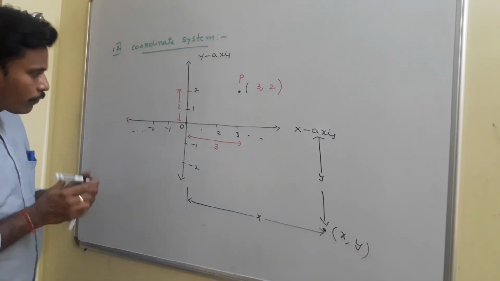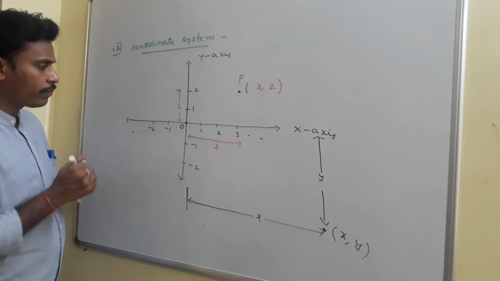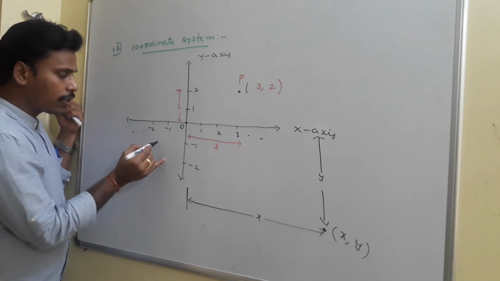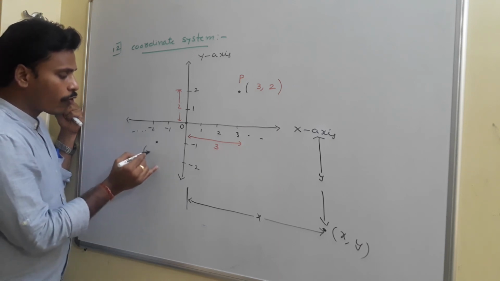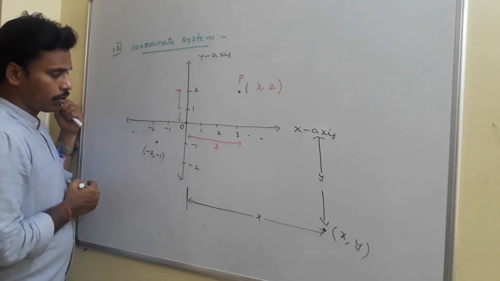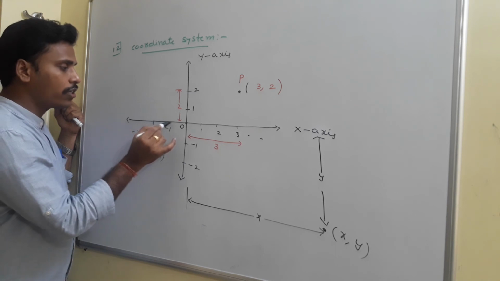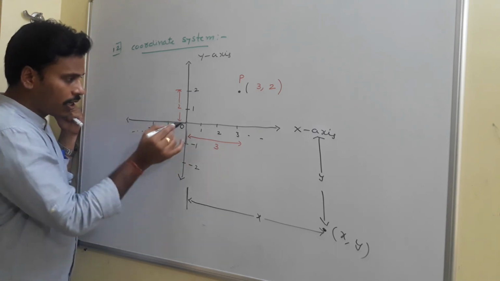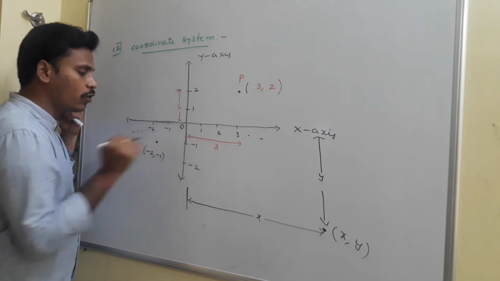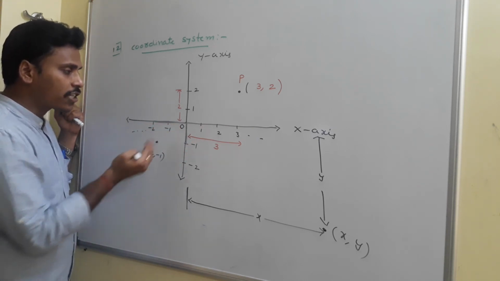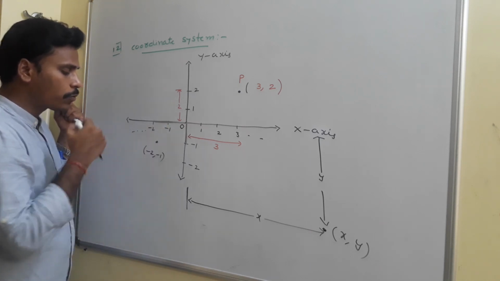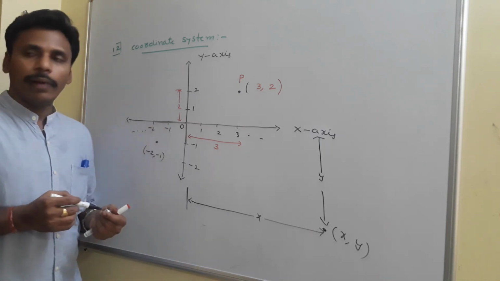And if I have another point here with an address of -2 comma -1, its distance from the origin along the x-axis is 2 units and along the y-axis is 1 unit, but as a direction, since we are moving left and downwards, we represent this point as -2 comma -1.